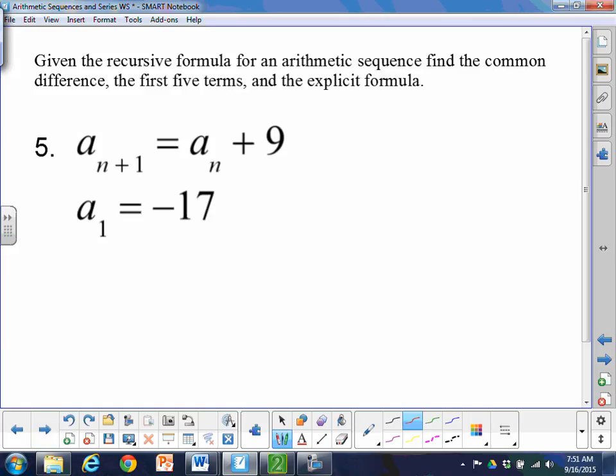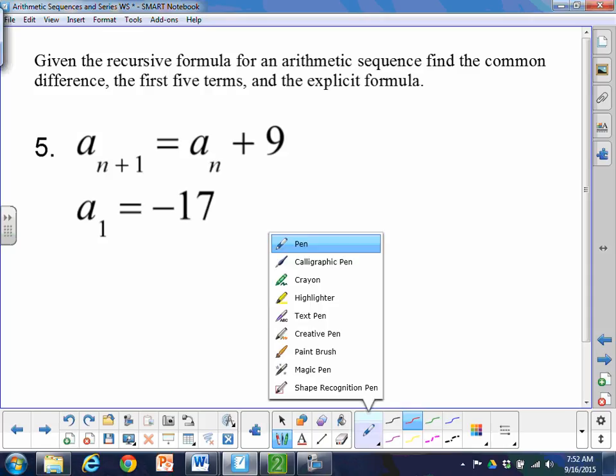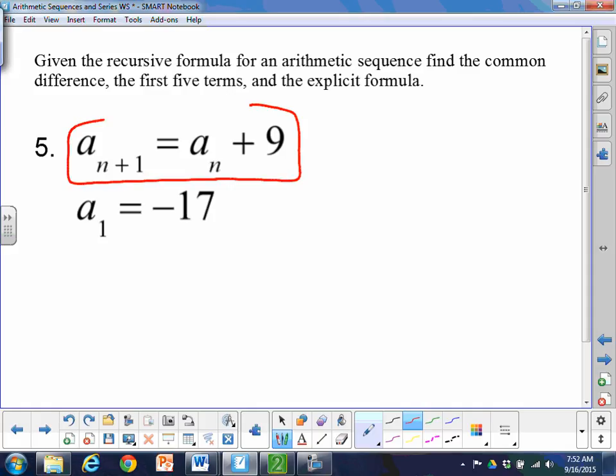Number 5, given the recursive formula, find the common difference, the first 5 terms, and then find an explicit formula. Okay, so again, think about this. Here's a recursive formula right here. Okay, that's recursive. And if you think about how a sequence works, again, it's A1, then A2. Somewhere there's some AN. The next term is AN plus 1.